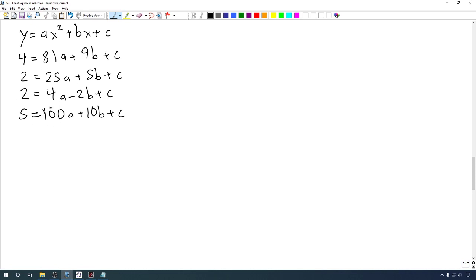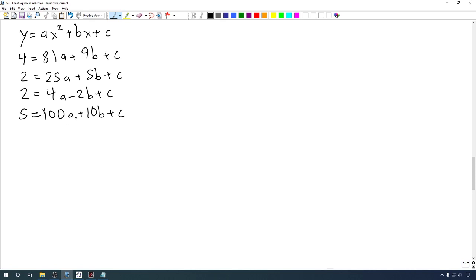So here we have a system of equations with 3 variables, a, b, and c. We don't know what a, b, and c are, but we want to, and in fact, we can't necessarily solve explicitly for those 3 variables. There's actually not going to be a solution to the system of equations. But we can actually get a least squares solution.